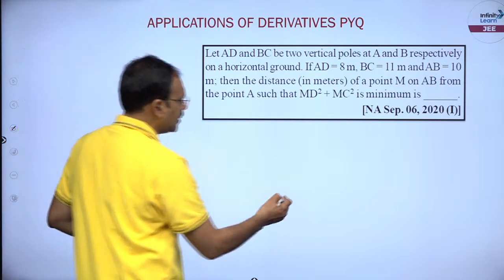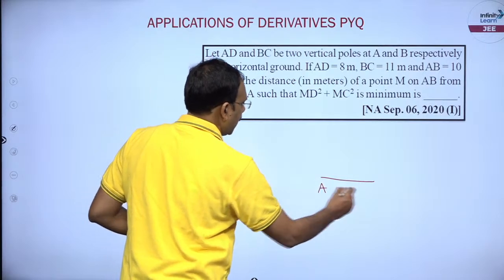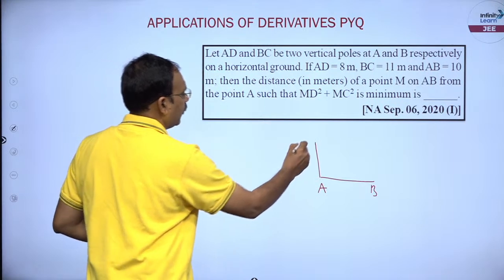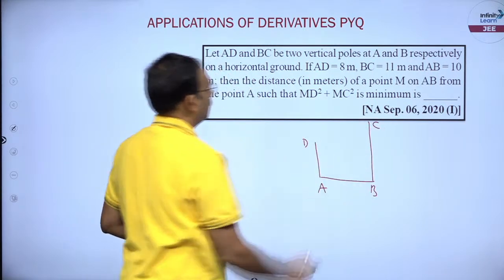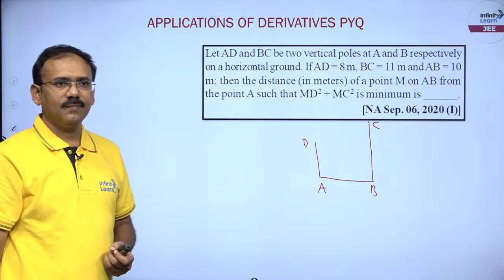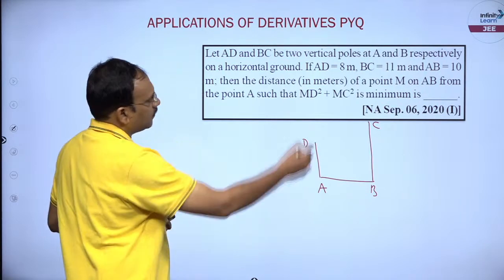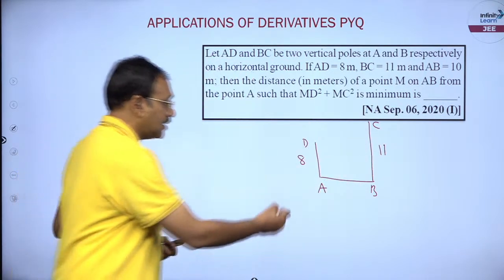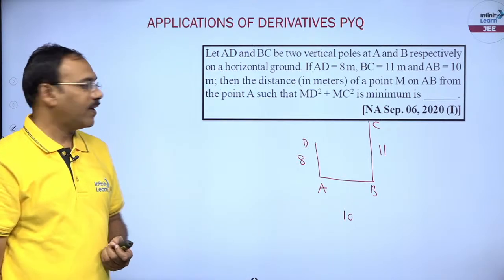From this data, suppose this is the base AB, the first pole is AD, the second pole is BC. AD is given as 8 meters, BC is given as 11 meters, and AB is given as 10.